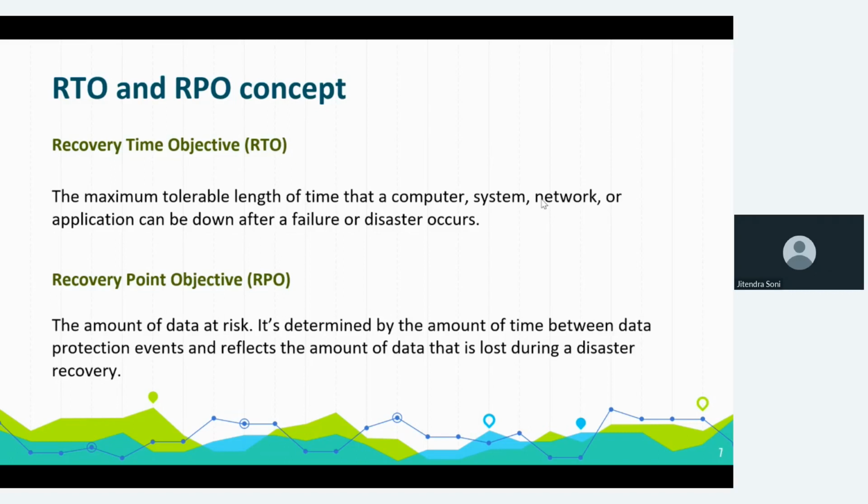Microsoft says we have this disaster recovery plan. If the whole data center or the zone goes down, then it will be back up within, let's say, 5 minutes. So these are the RTOs. RPO is more about when you have the backup plan, but what are the chances of losing the data?